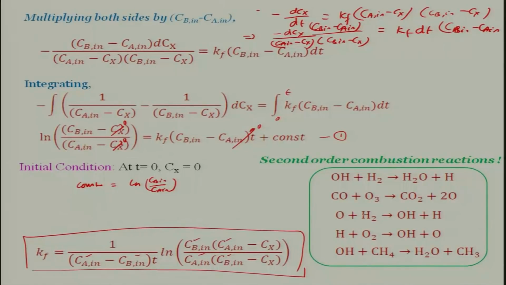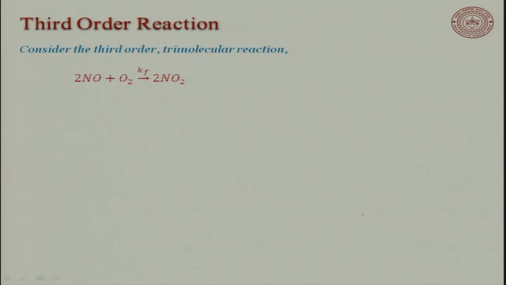So, let us now look at the third order reactions. These are trimolecular reactions. 2NO reacting with oxygen to give 2NO2, this we had already discussed. If you write down this reaction, d[NO2]/dt is equal to 2Kf times [NO]^2 [O2], and because NO2 is being formed, there is no negative sign.